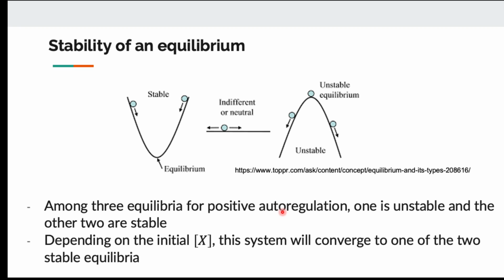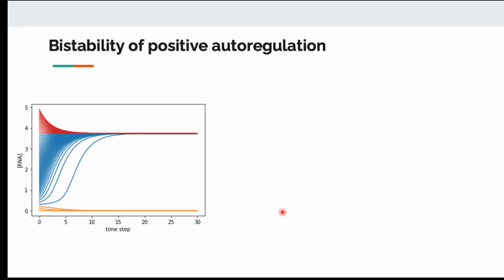We will not worry about how I prove this, but you will see with the numbers that if you do the numerical calculation as we did earlier in this lecture for the positive autoregulation equation, what you will find will be like this. If your initial condition has very few RNA molecules, you will continue to lose RNA until you reach the equilibrium at zero. Basically, you are not producing anything.